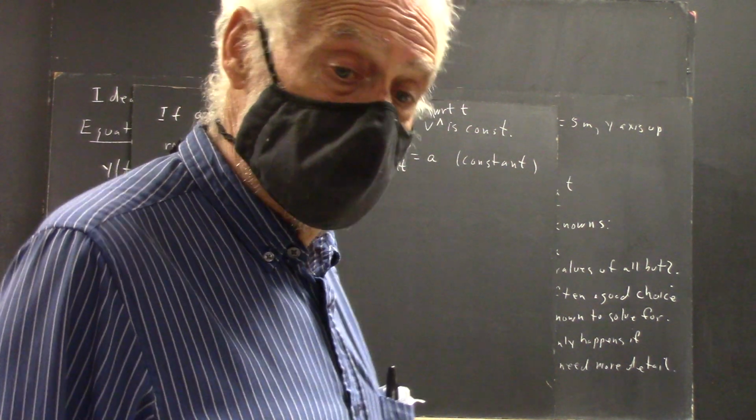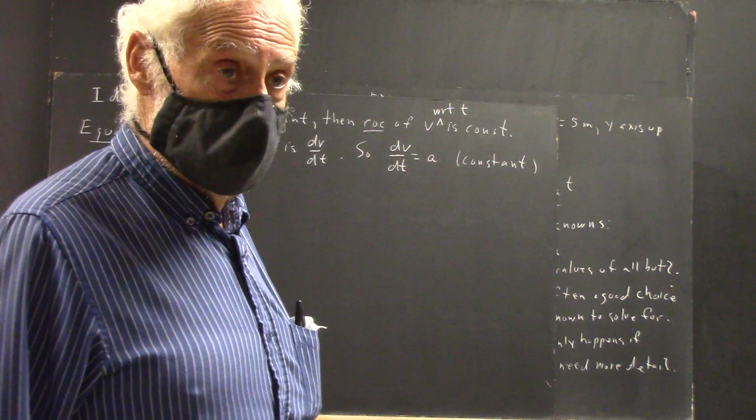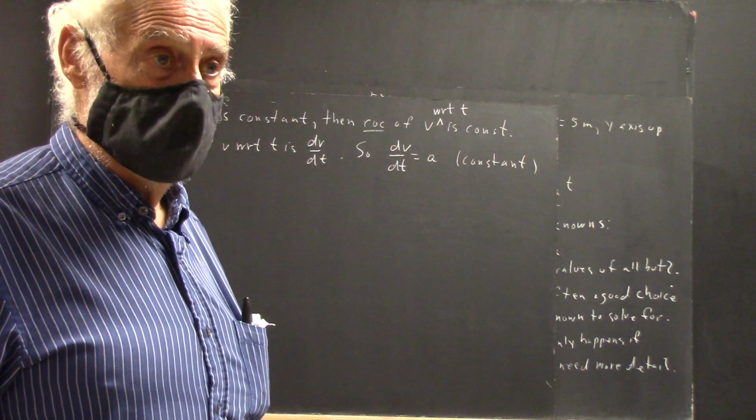Especially if you're just taking calculus, it's not the way you generally look at it. If I give you a function whose derivative is constant, can you write down an example of a function whose derivative is constant?